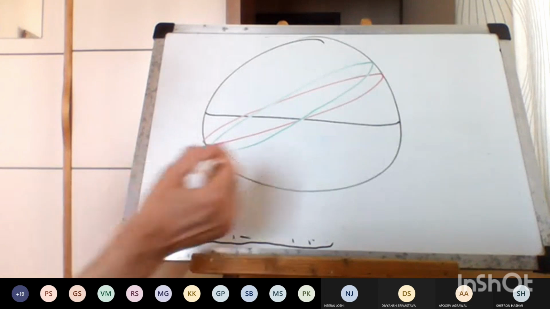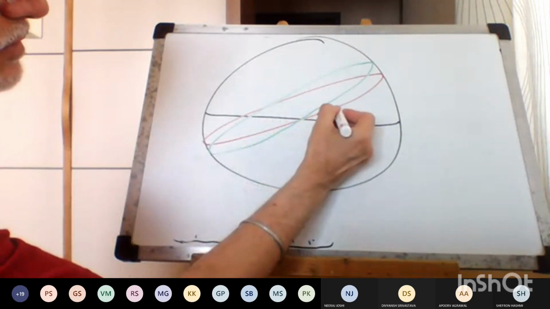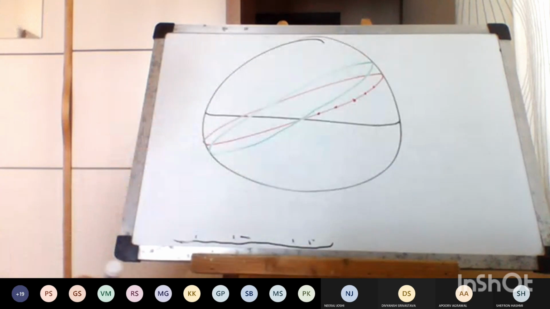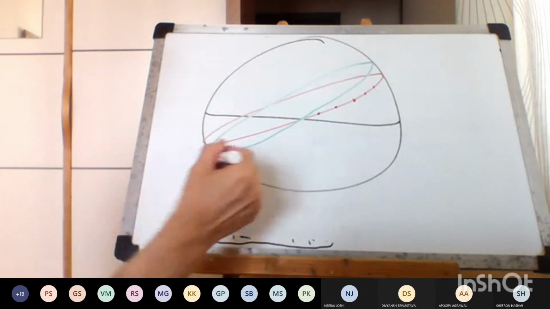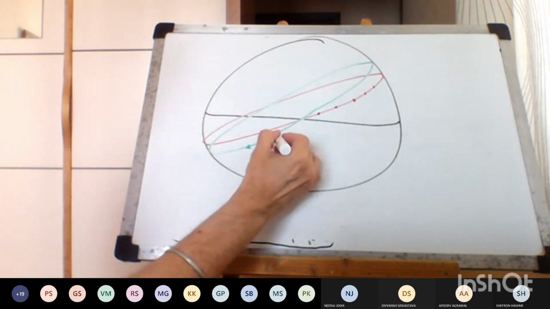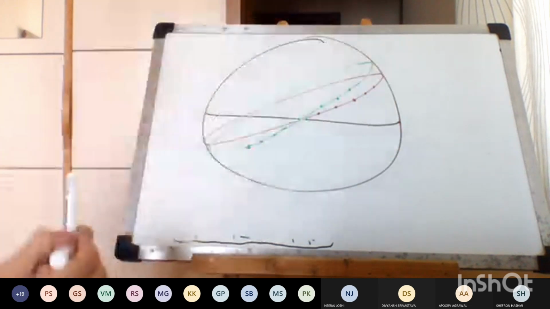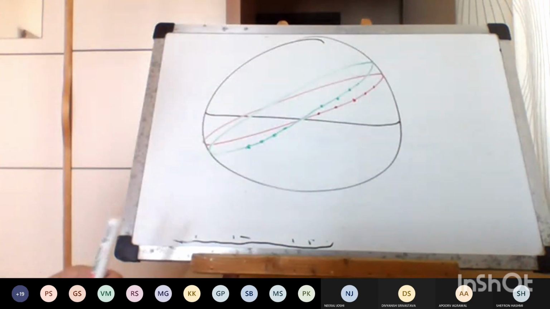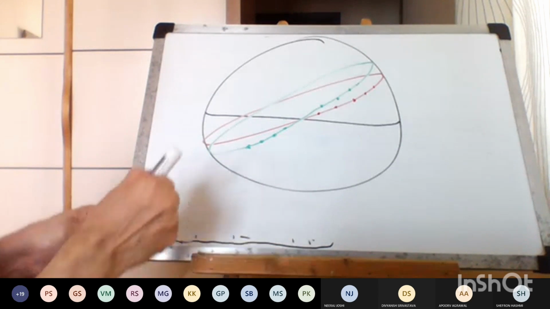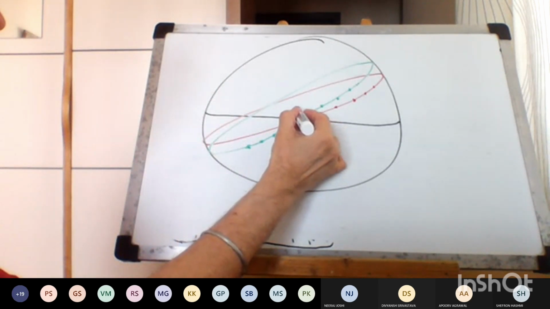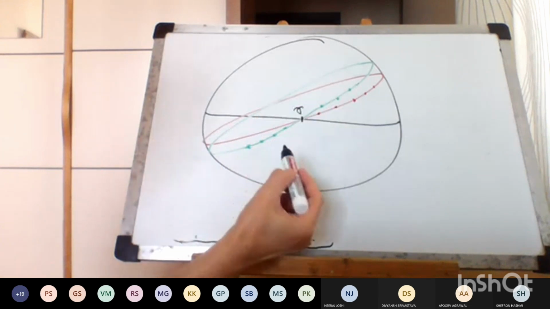No, sir. Anyway, the sun is on this point, that is the ecliptic. And the moon is on this point. And this is the path of the moon. The point of reference, what we are talking about, ascending node and descending node, is the first point of Iris.